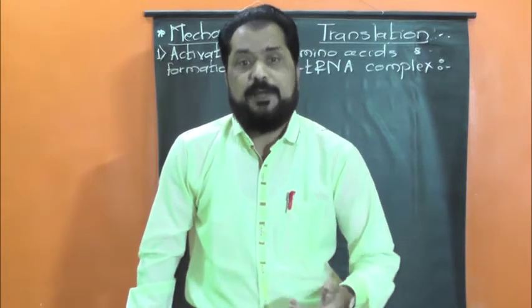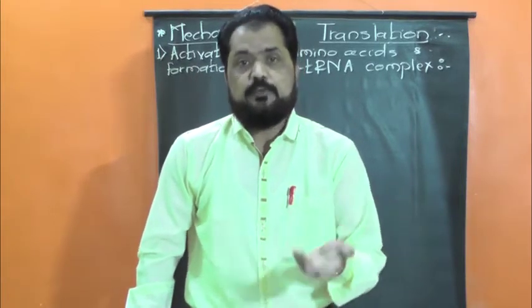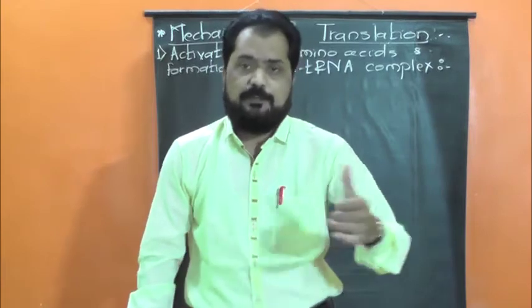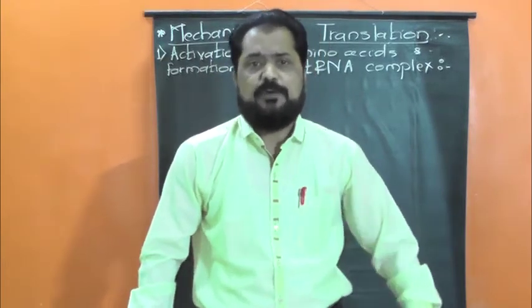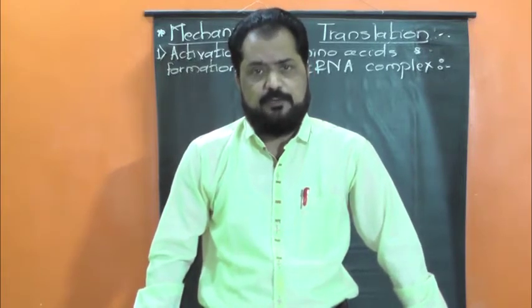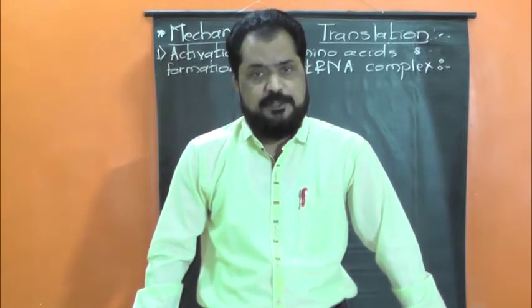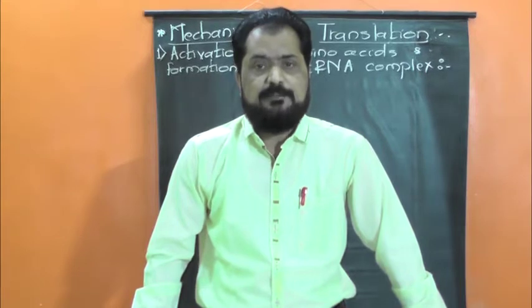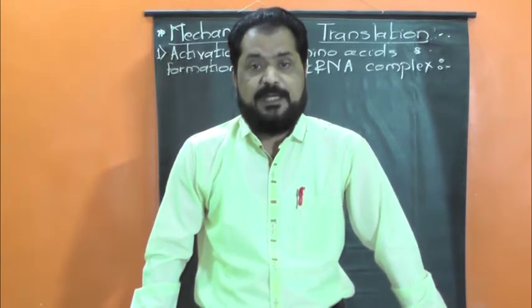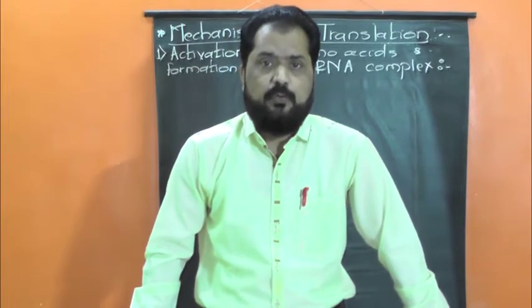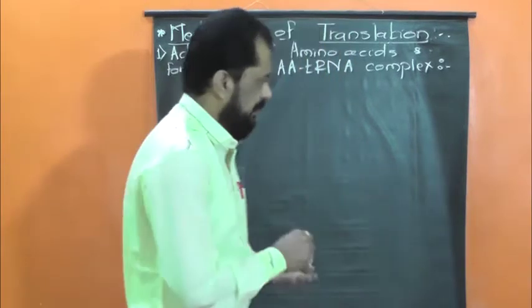They are made ready to take actual part in the formation of polypeptide, and this activation of amino acids is carried out with the help of ATP, the enzyme aminoacyl transferase, and magnesium ion as a cofactor. Let me show in the diagram.